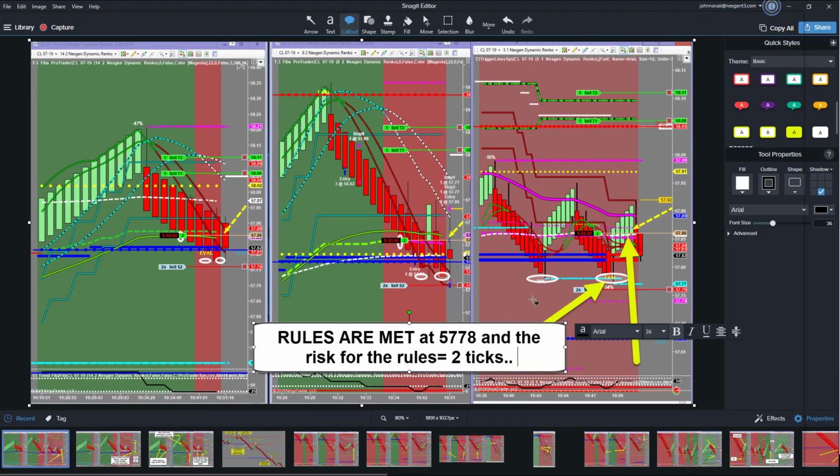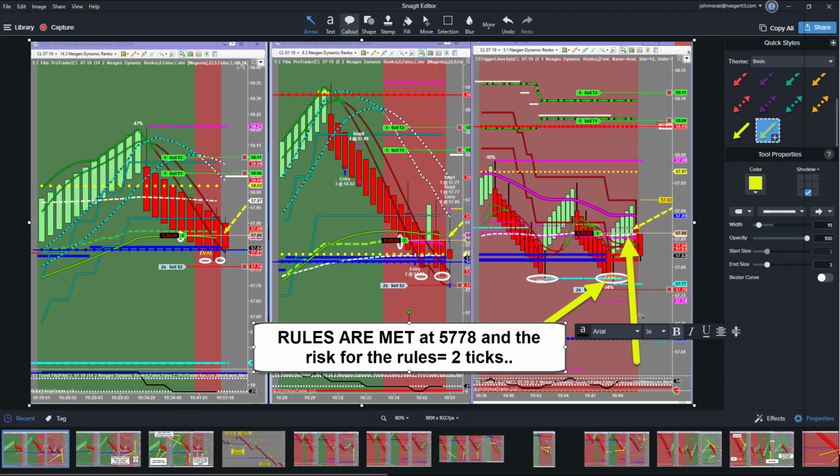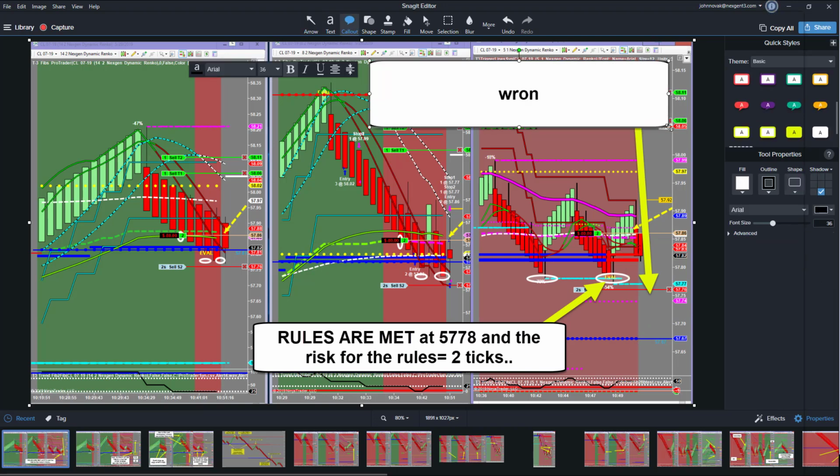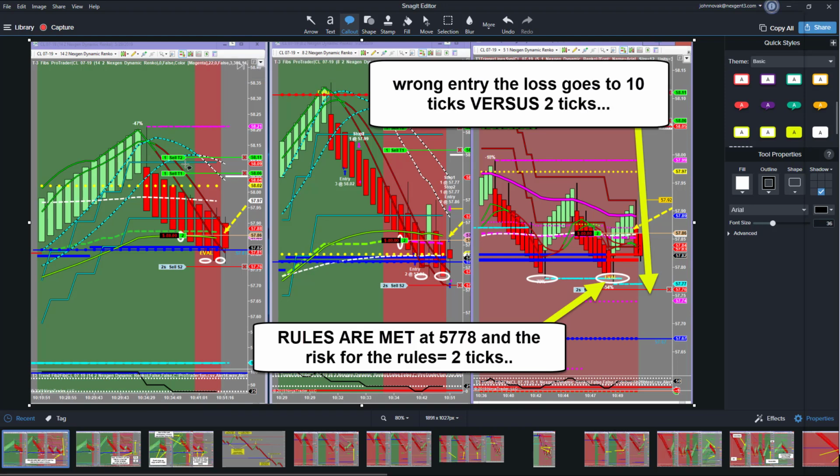So what happens is, if it loses with a wrong entry, one of the most scary things for new users is posting in a trade that just loses.